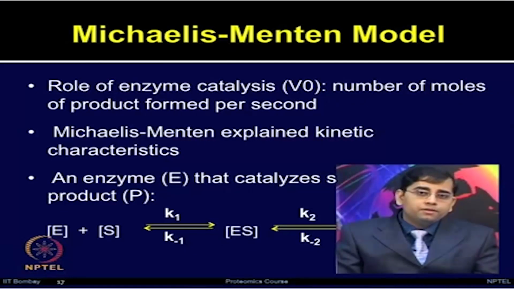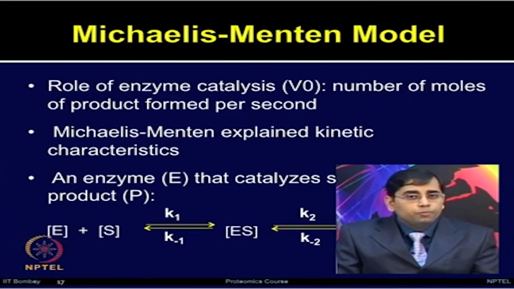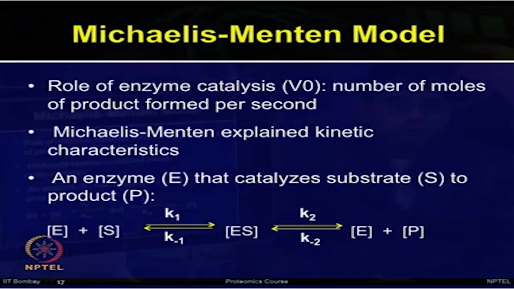The Michaelis-Menten model explained kinetic characteristics of enzyme catalysis, where V0 is the number of moles of product formed per second. It varies with substrate concentration, S. It increases linearly as the substrate concentration increases, and levels off at a maximal velocity at higher substrate concentration.